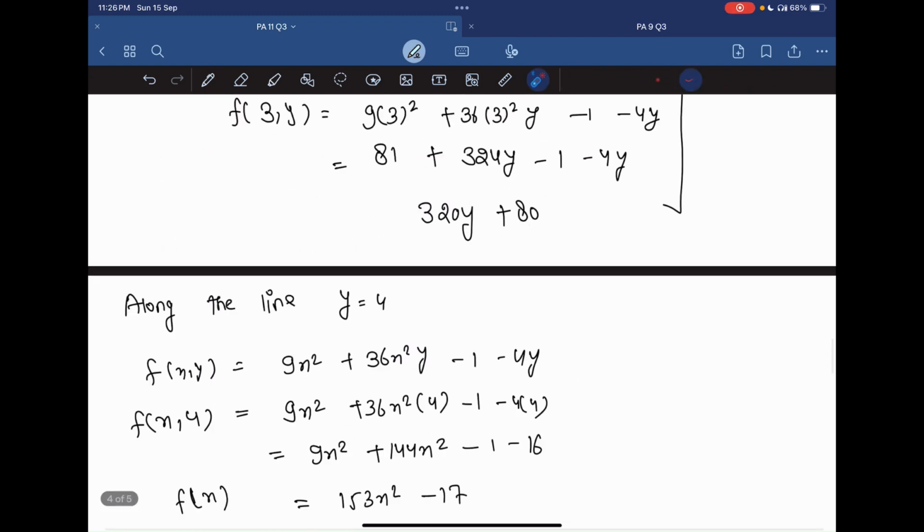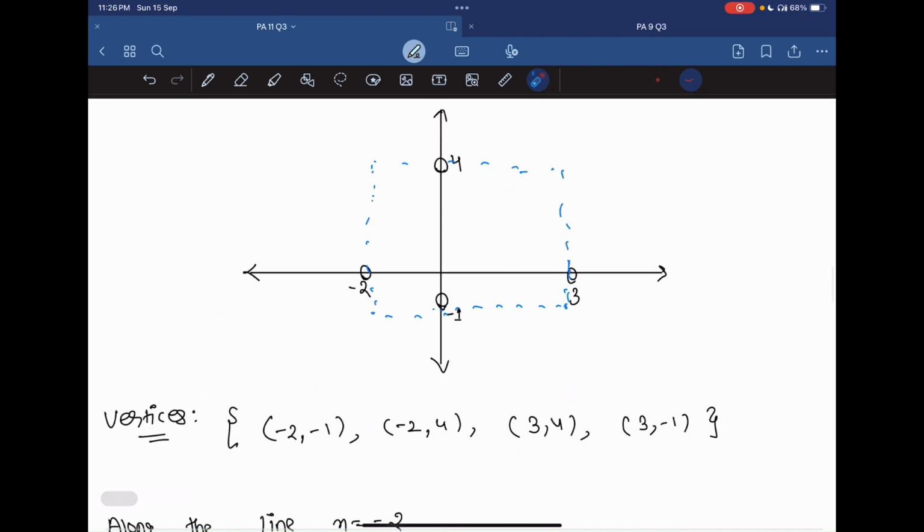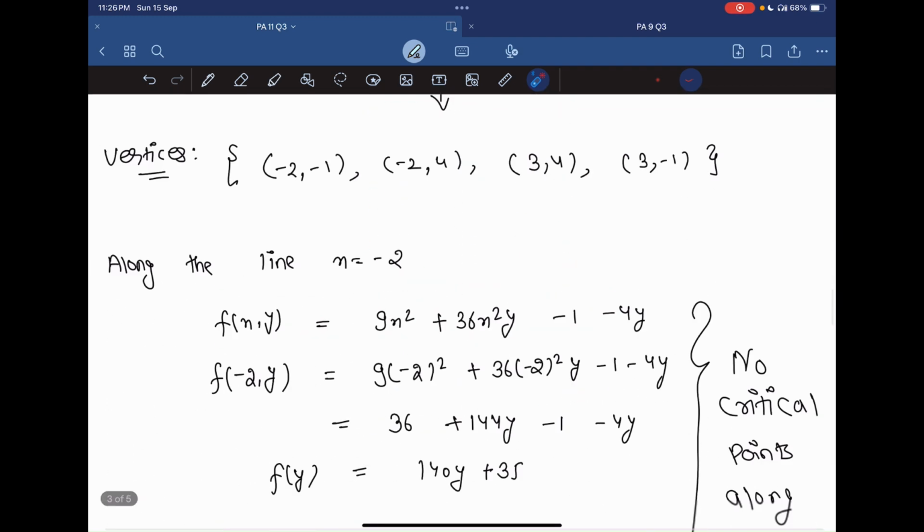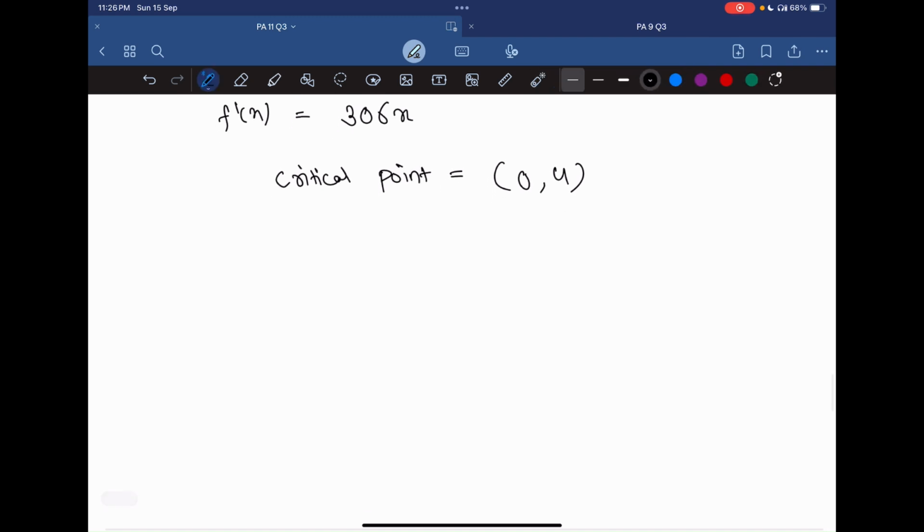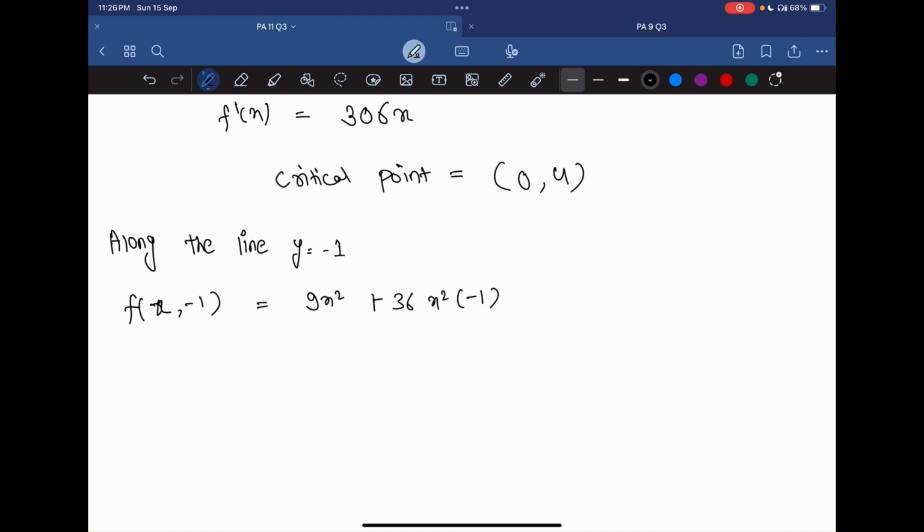Now same thing we will do along the line y equal to -1. So 9x square minus 36x square minus 1 plus 4.